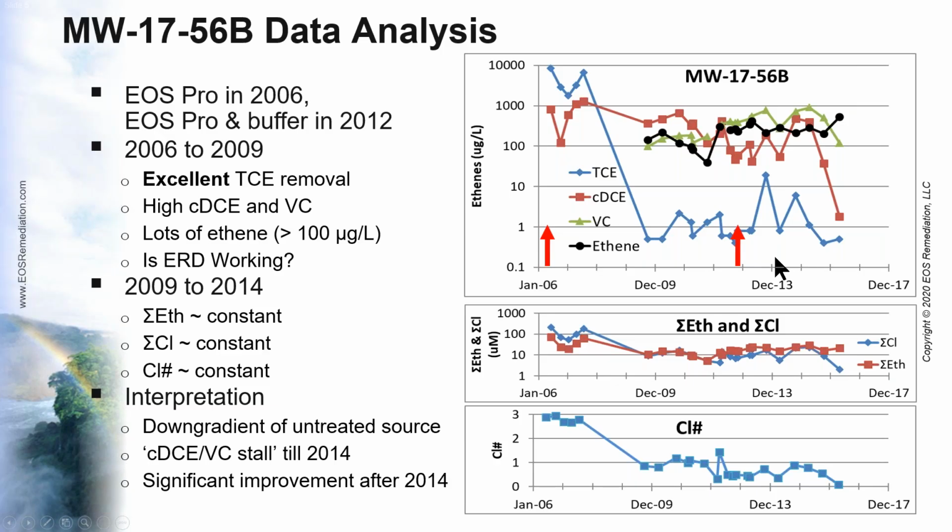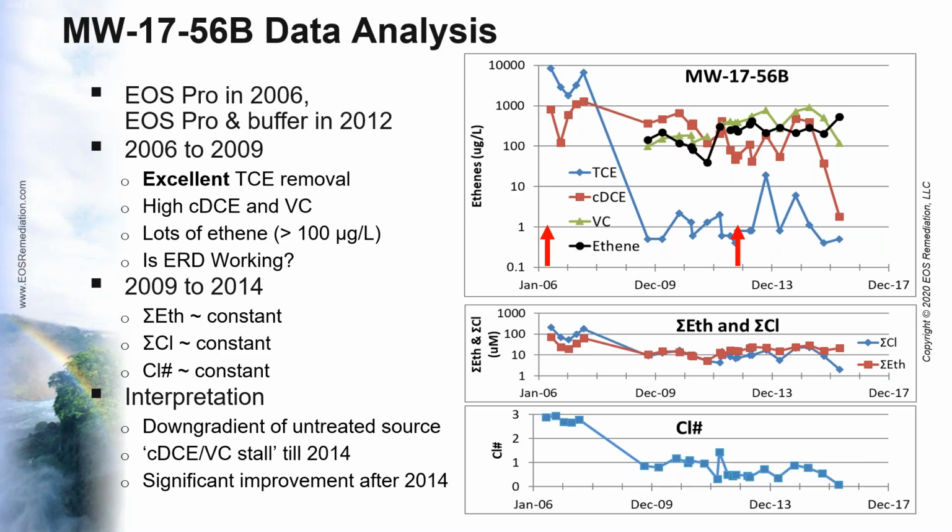Now, I will tell you at this site that I'm pointing to right now, we were down gradient of an untreated source zone. It wasn't exactly back diffusion, there was simply an area up gradient of us that we didn't know was contaminated, so we didn't inject it. This area was acting almost like a biobarrier, where contaminants from up gradient were migrating down gradient into this zone.